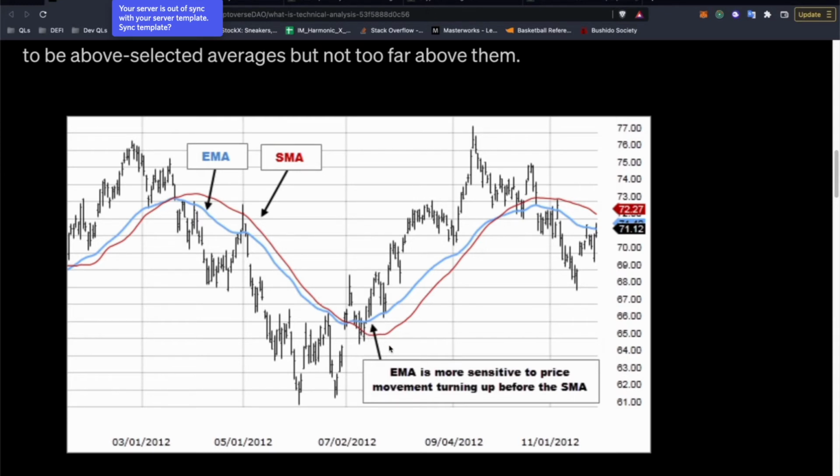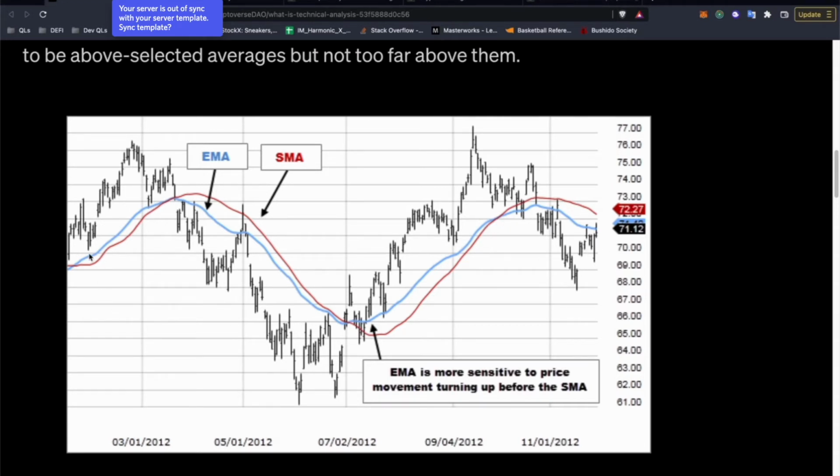It'll collate data from a 20-day period or a 10-day period or a week-long period. You can set the parameters when you add a moving average to your chart. And like I said, it collates long-term and short-term data to provide you with a visual indicator of average price movement.